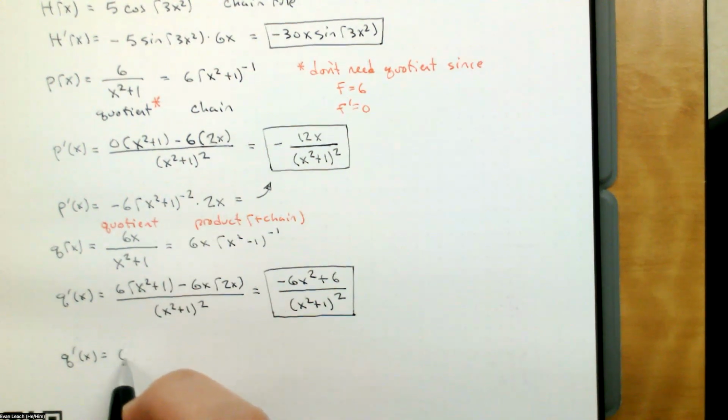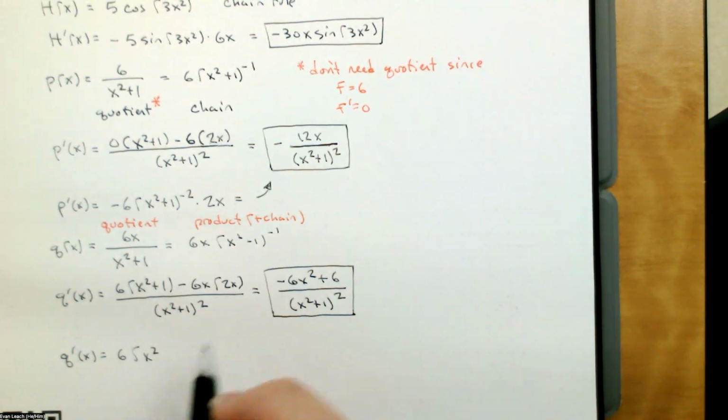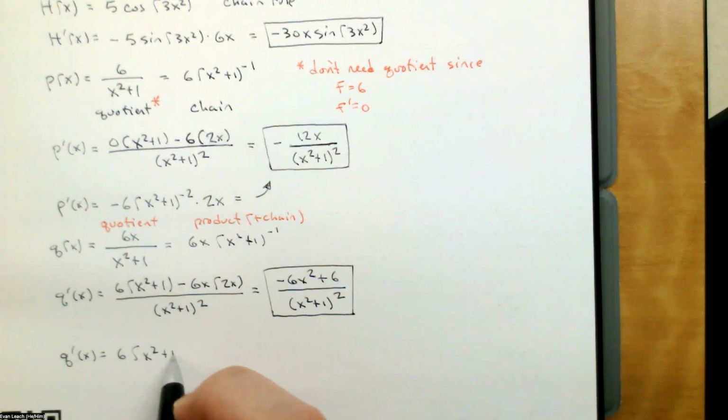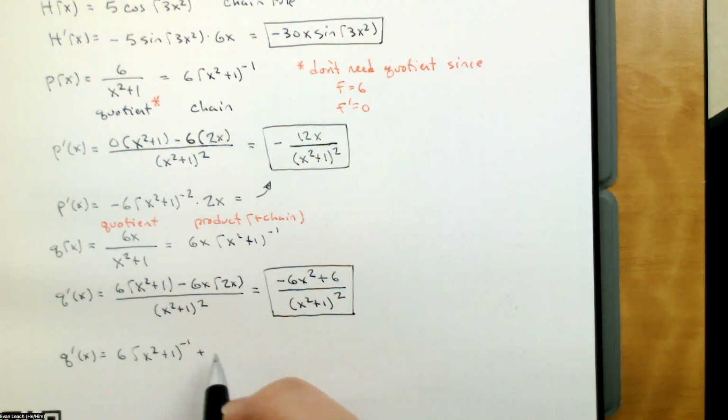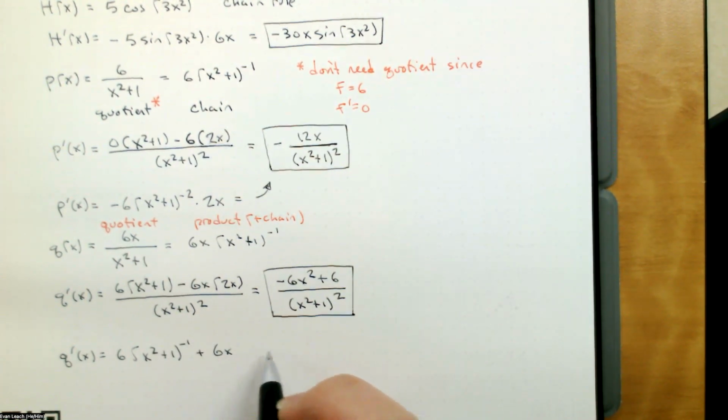We take the derivative of the first times the second, plus the first times the derivative of the second.